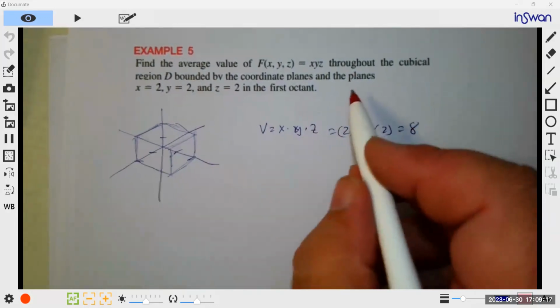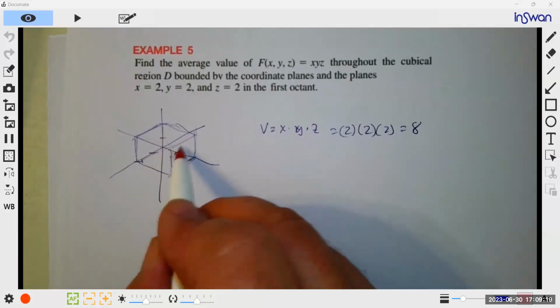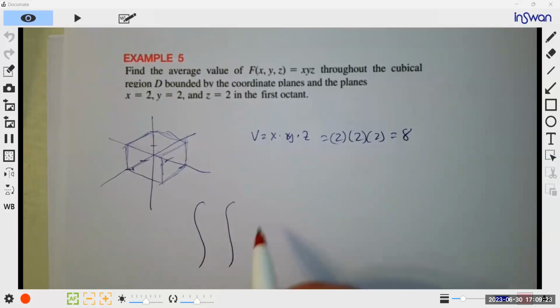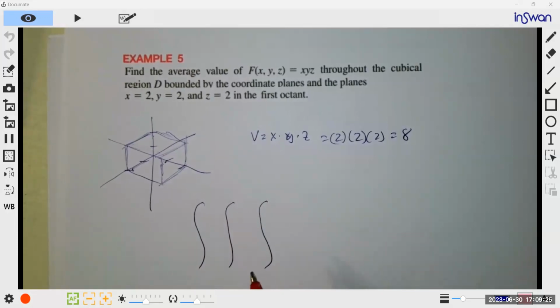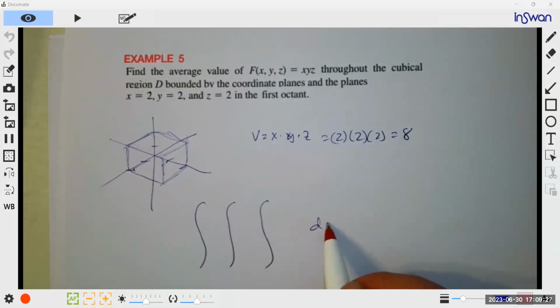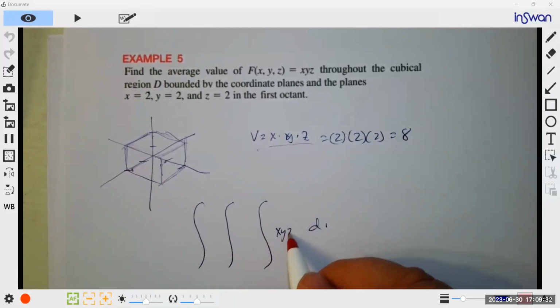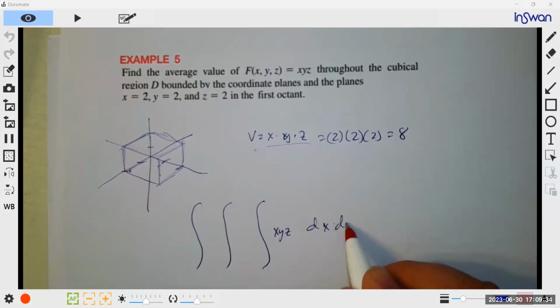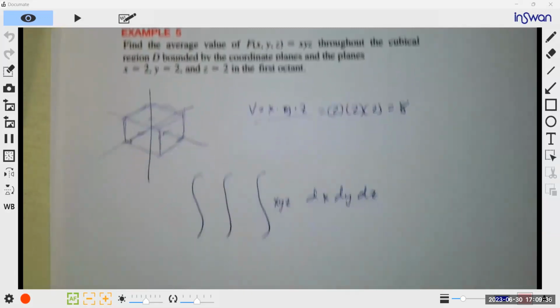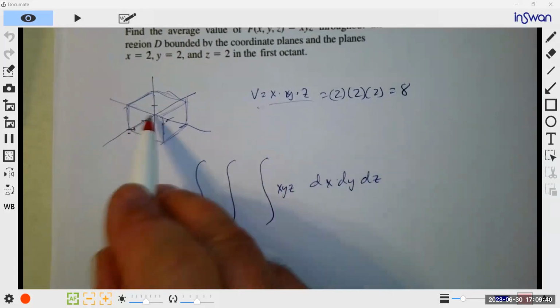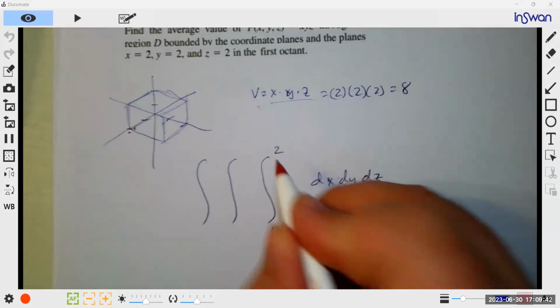Now, that's the first part. Now we have to figure out the integral over this cube. So we'll do x times y times z, dx dy dz. The order actually doesn't matter because they're all going to be the same sizes. The bounds of x are from 0 to 2.